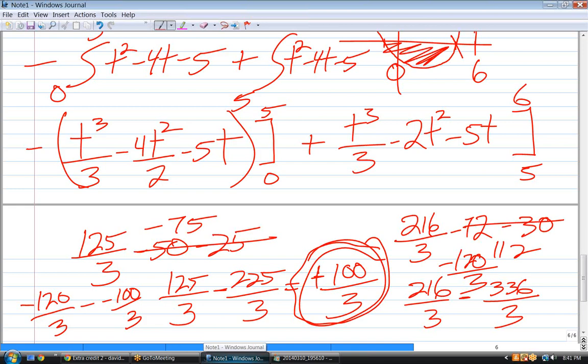How did she get 110 thirds here? We got 100 thirds in the first 5 seconds. So going from 5 to 6 must be where I'm screwing up. At 120 thirds minus 100 thirds, that's only 20 thirds. That's not going to give me the right answer either.